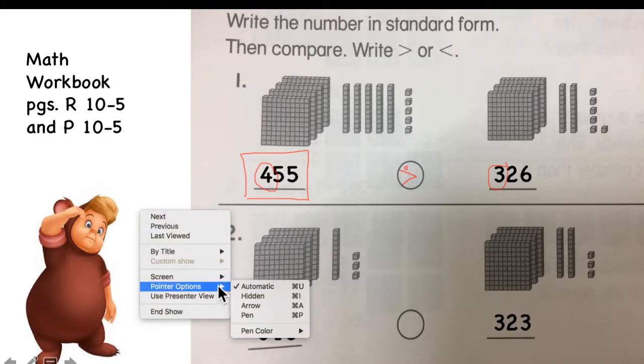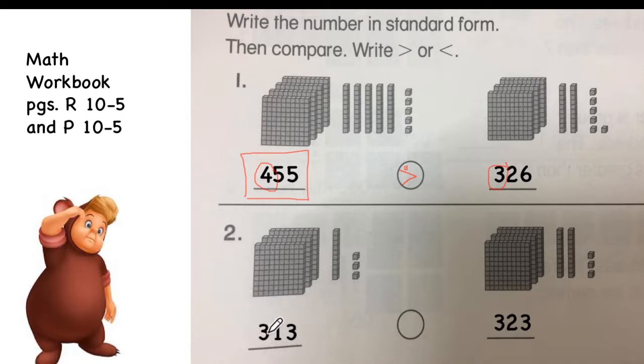As you can see, the hundreds are the same, so we cannot use the hundreds. We will compare using the tens. 1 ten, 2 tens. Which one is greater? 1 is greater or 2 is greater? Which one is more, boys and girls? Which one is more, 1 or 2? 2 is more, so this number is the greater number.